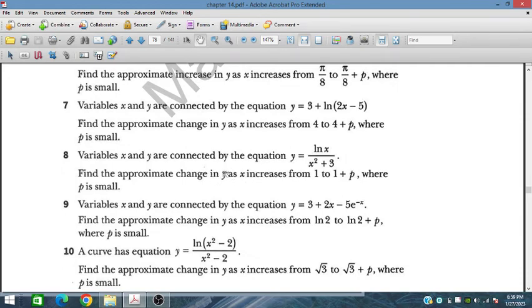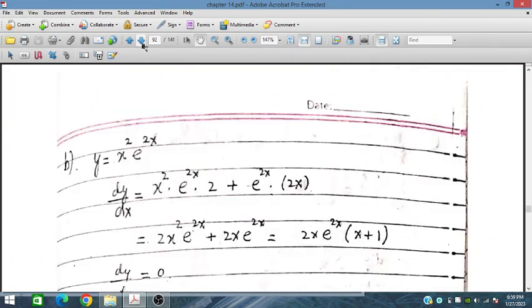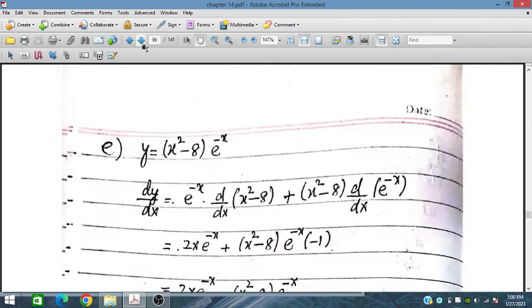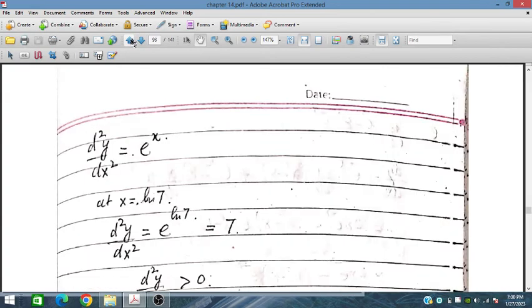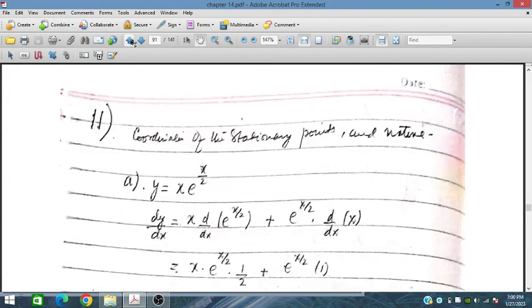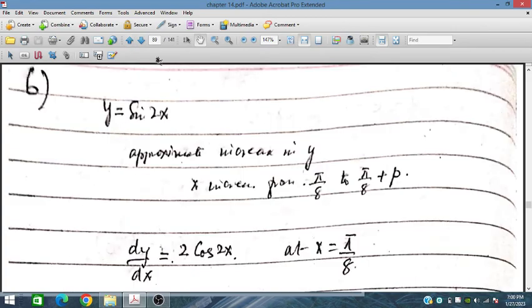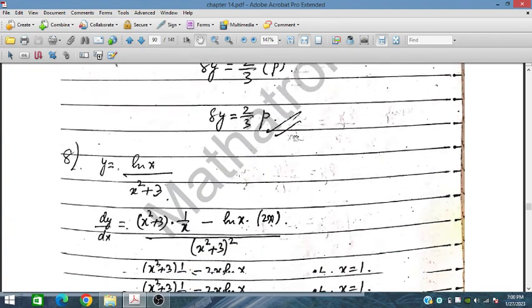We have to approximate the change in y when x changes from 1 to 1 plus p. The small change in x is p, and we have to see the effect on y. This is question number 8.